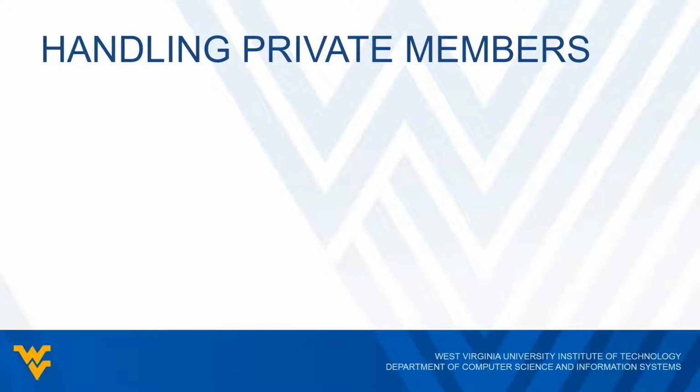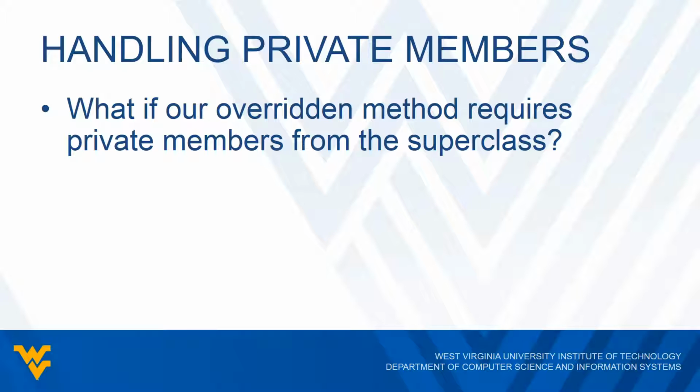Another issue we have to consider involves the parameters. Let's say we pass something as a parameter into a method, and that actually corresponds to private data members of the superclass. So how do we handle that case? What if our overridden method actually requires using private members?